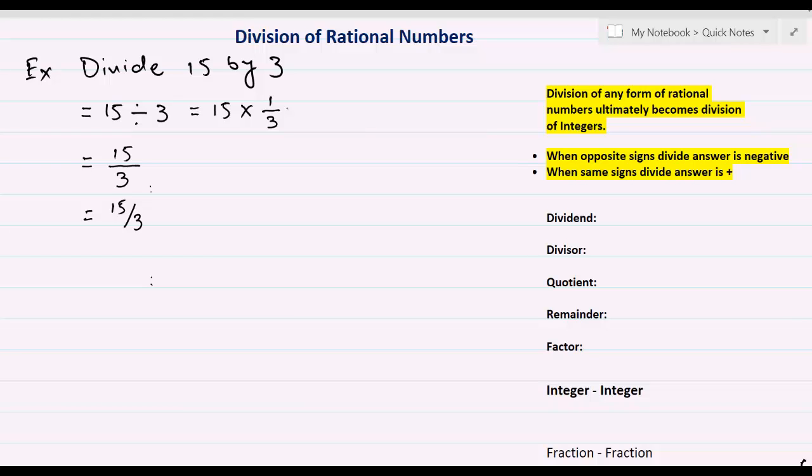And as we have seen in the multiplication of fractions, there is always 1 as the denominator for 15, if 15 is an integer. Then for multiplication of rational numbers, we can multiply numerator with numerator: 15 times 1 over 1 times 3, and 1 times 15 is 15, and 1 times 3 is 3.